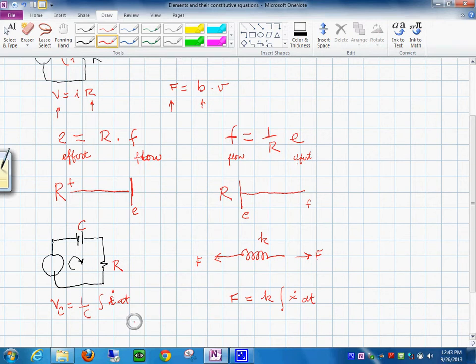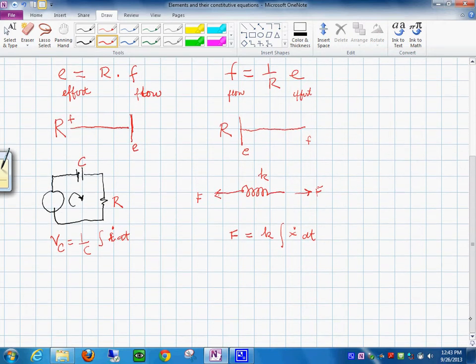So if you have this equation here, it follows that you can represent it as we have done for the R element, in the bond graph notation. So in this case, you will have C, and the output is a voltage, so we have C like this.